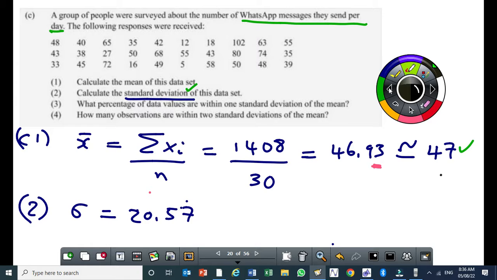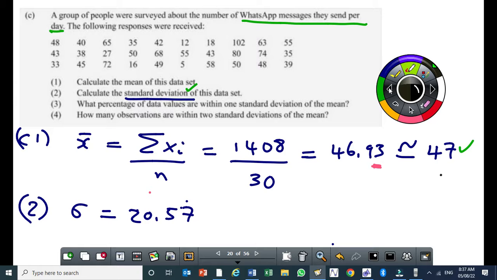I hope you saw how I used a calculator yesterday to find the mean and the standard deviation. Please be aware that according to your curriculum, you don't need to do it manually. Just enter all your values in the calculator, then retrieve the answers. You will get full marks. So, by now you should know how to find the mean and the standard deviation.